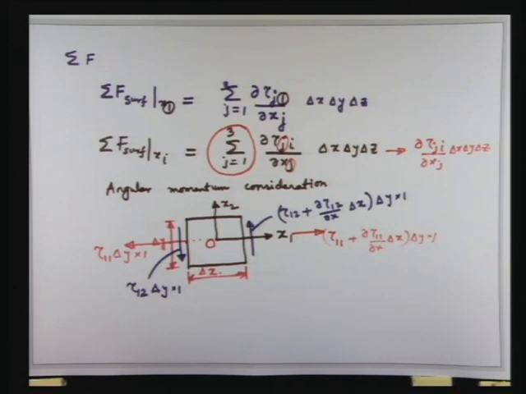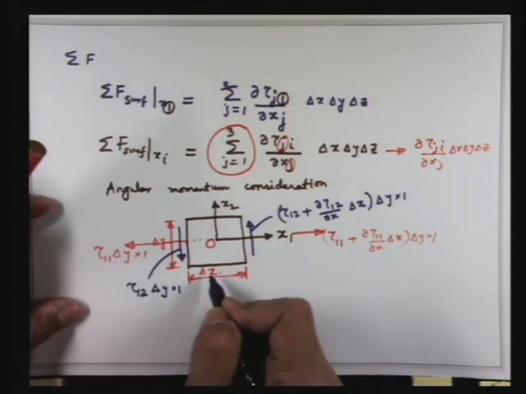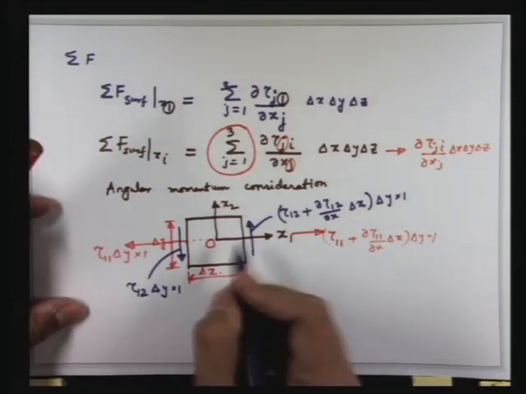For now we will represent the other forces, and then I will tell you a simplified consideration just for showing the angular momentum conservation. There we will not show the gradients of the stress, that may not be that important. So let us complete the scenario here.